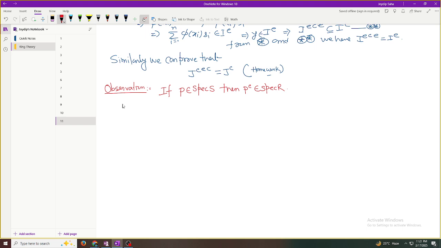Hence phi from R to S induces a map phi star from Spec S to Spec R, P goes to P contraction. If you put the Zariski topology on the spectrum, then you will see that this is continuous also, but I will not discuss it here. I am just telling the fact.